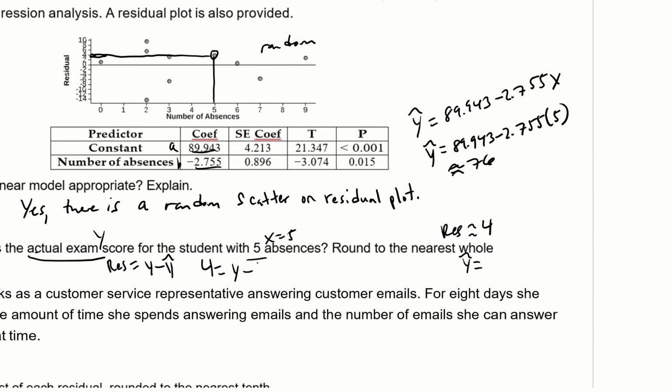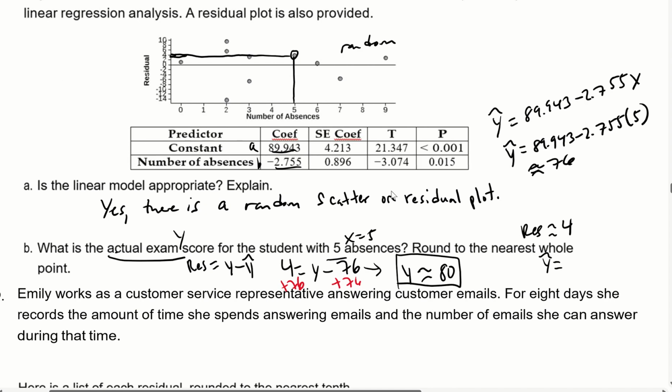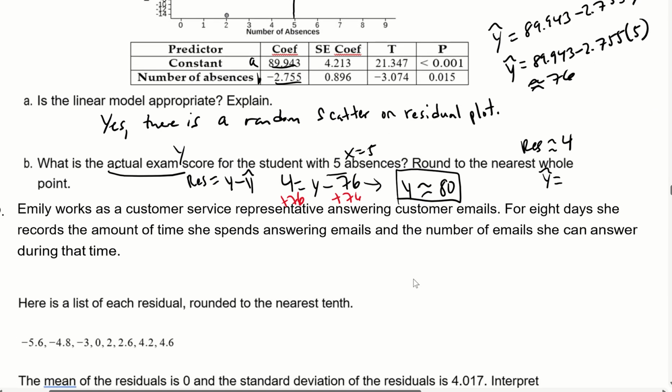So y minus 76 equals 4, and if we solve by adding 76 to both sides, we get an actual of 80. So that's how you do it. We got the residual from the residual plot, we got the y hat from the calculated output, and that gives us the actual. All right, so there's your work there.